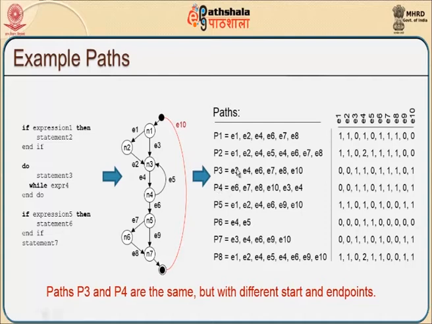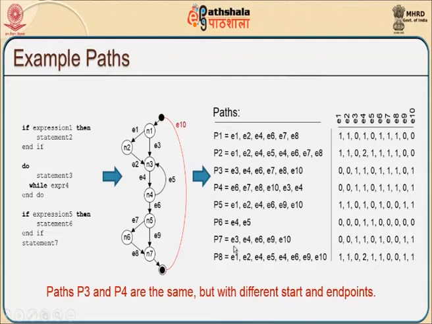So, in this particular case, when you go back and check, the condition is to test at least once, which means I should have tested all the independent paths at least once. So, I can execute either P3 or P4.